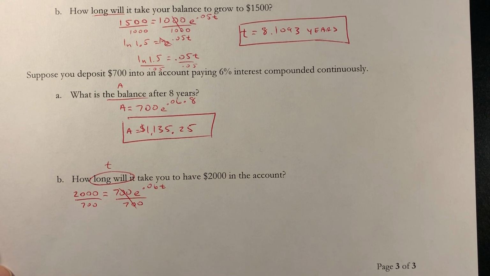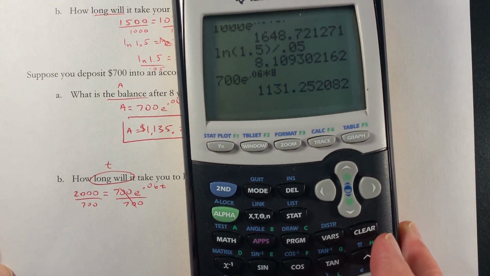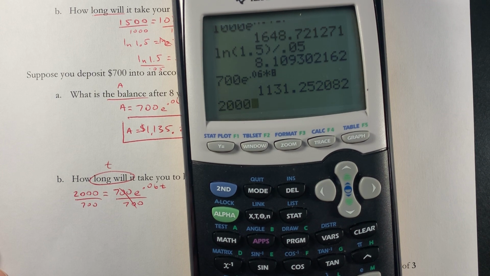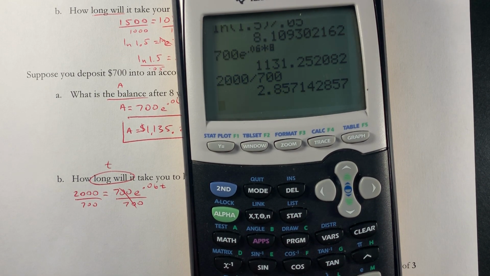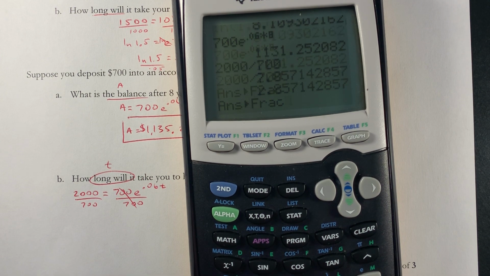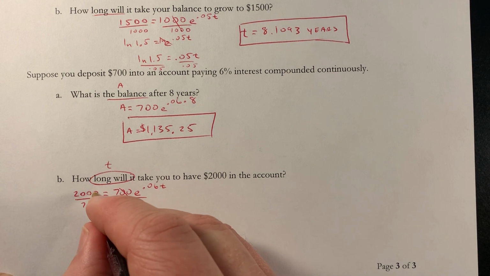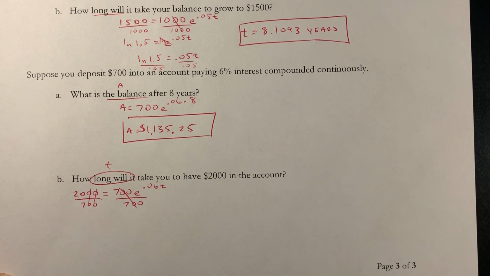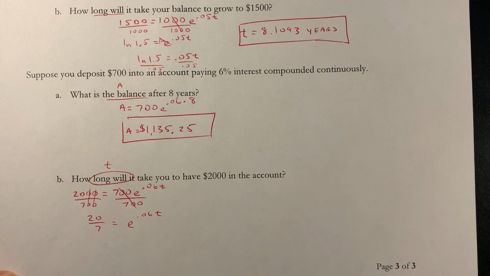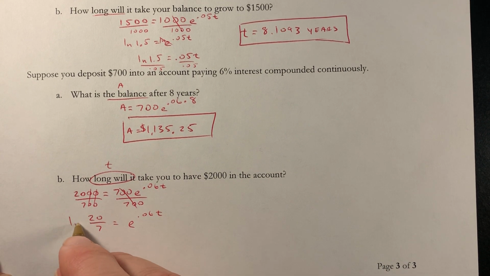Okay, this time let's leave it as a fraction. So we'll do 2,000 divided by 700, and then math, enter, enter, 20 over 7. Or we could easily just have canceled out a couple zeros and get 20 over 7 that way. So 20 over 7 equals e to the 0.06t power. Natural log both sides.